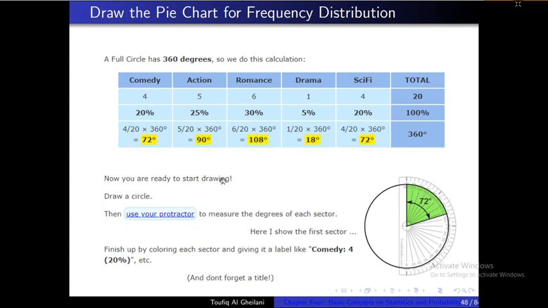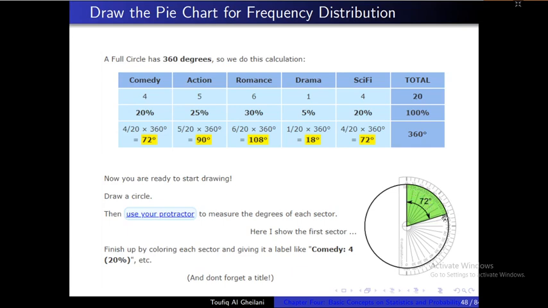Now you are ready to start drawing. Draw a circle, then use your protractor to measure the degree of each sector. Here I show the first sector, so we put the protractor here at the 0, and we measure clockwise.